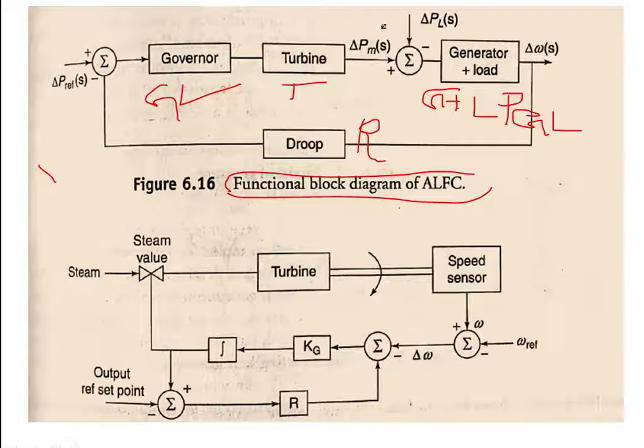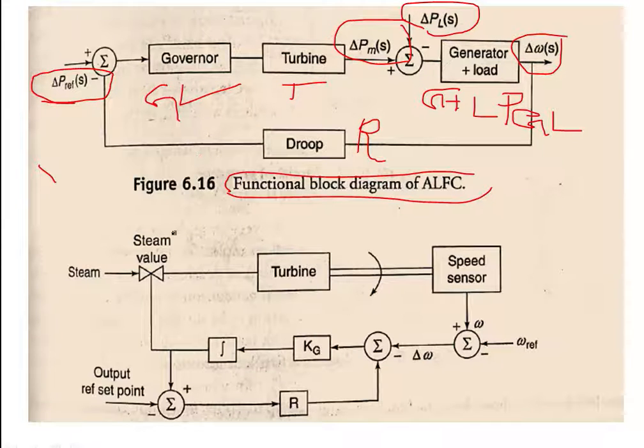And this is the common meeting point, delta PM. So turbine or mechanical power developed by the turbine, and the load power PL(s), generator plus load power, and change in speed delta omega of s, and delta P reference, that is the change in power with respect to reference point.